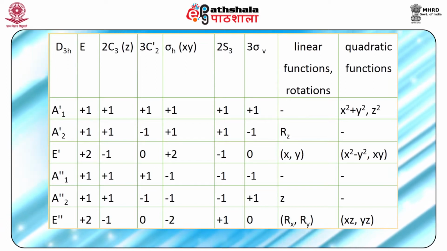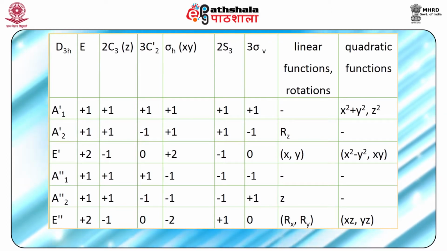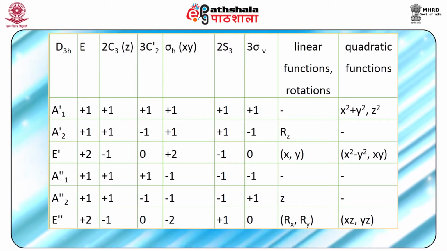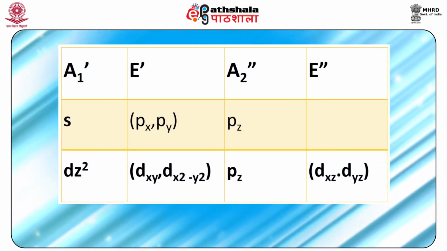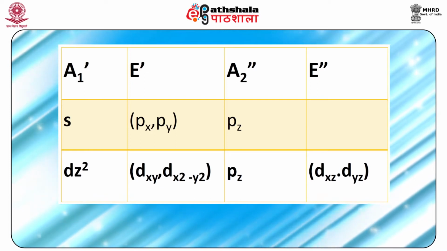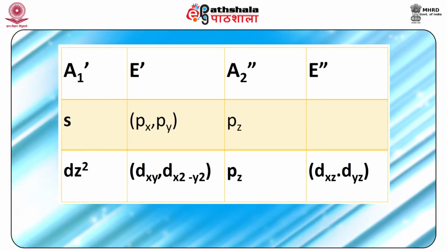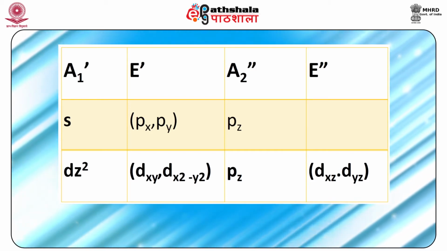Now the character table for this D3h point group is given over here, and the symmetry of the various orbitals corresponding to A1' and E' is given as follows. Under A1' we have either the s orbital or the dz² orbital as the basis.